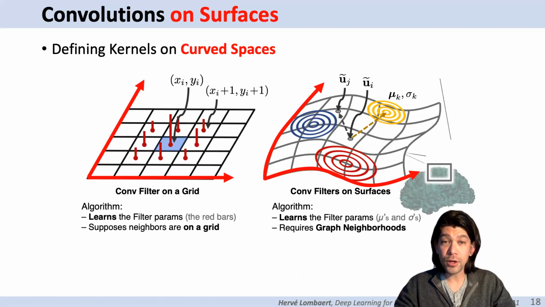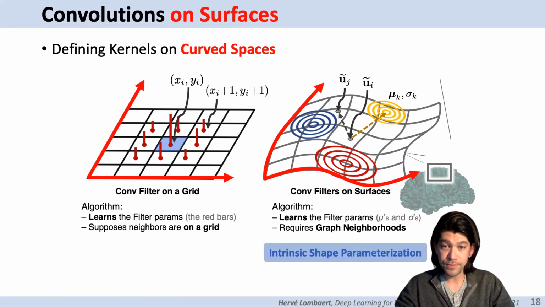We want to have kernels again, moving away from a grid towards something that lives on the surface here. So we've seen how to build a shape or surface parameterization, shape spectral coordinates, we call them. We want to have an intrinsic shape parameterization.